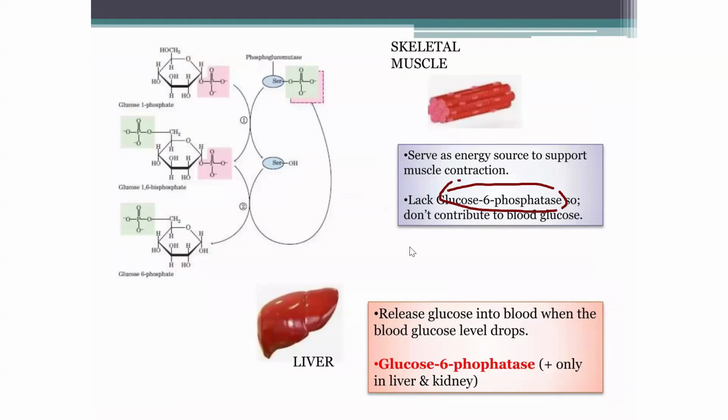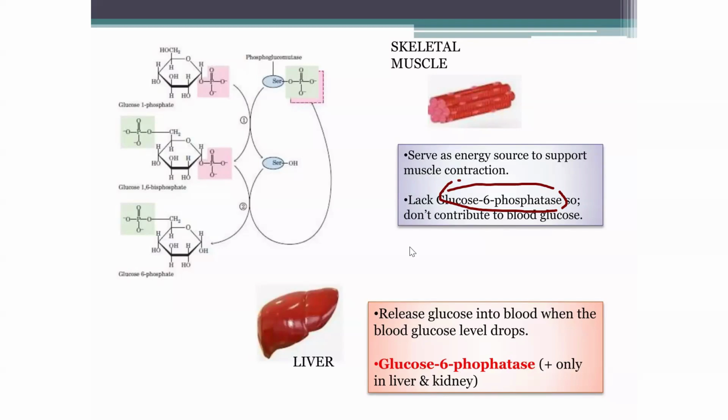The reason is that the glucose in the blood is free glucose, not glucose 6 phosphate. Due to the absence of this enzyme, the glycogen in the muscles is not used in maintaining the blood glucose level.